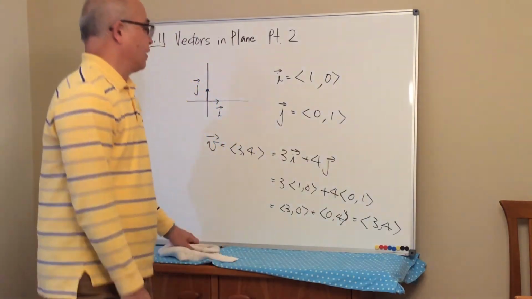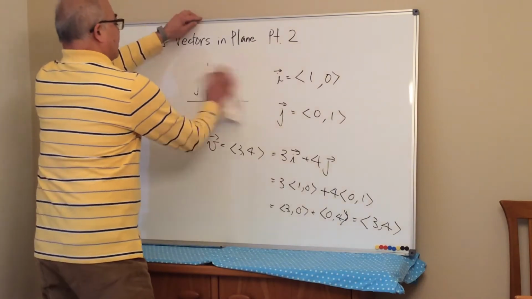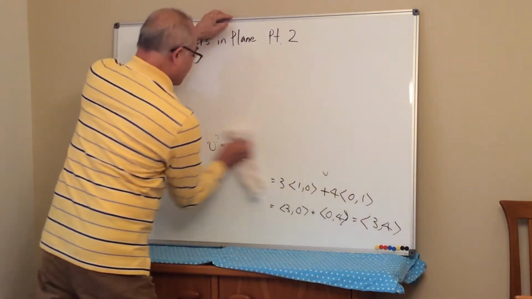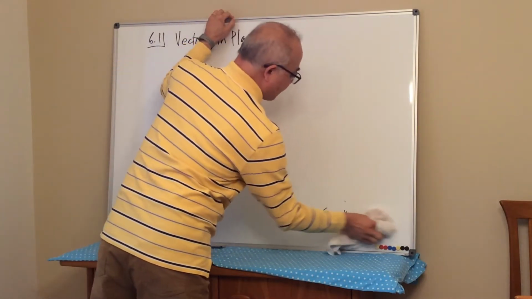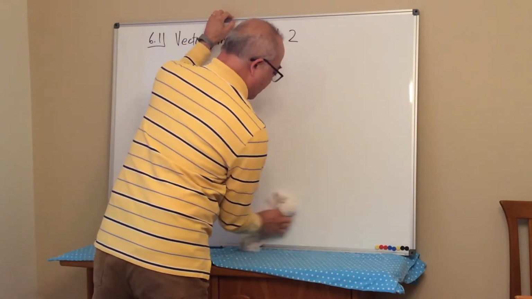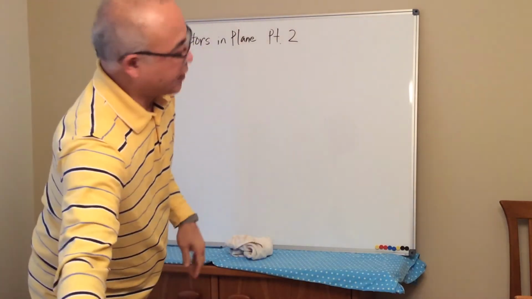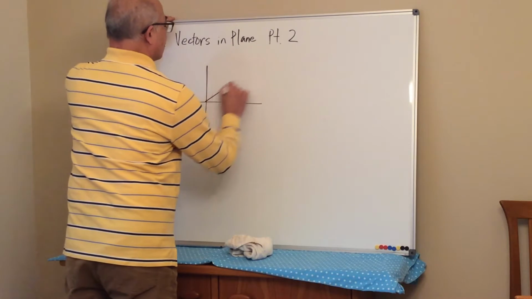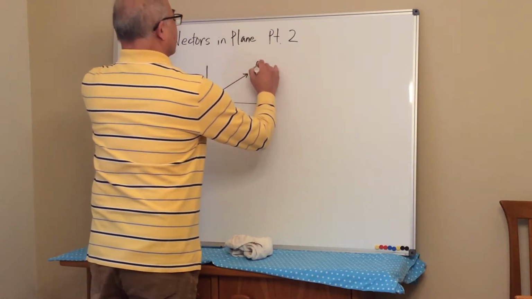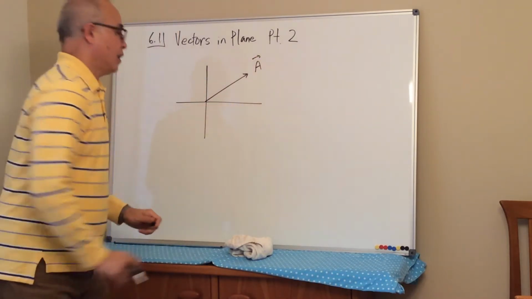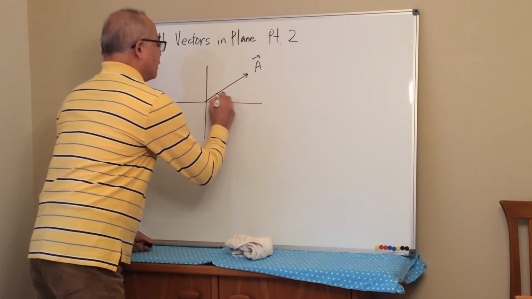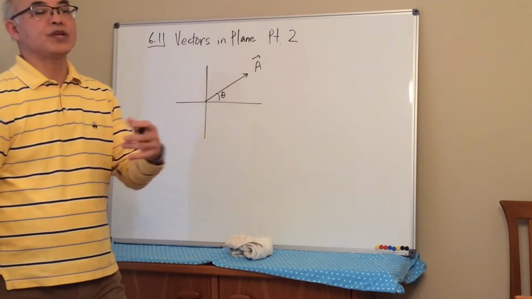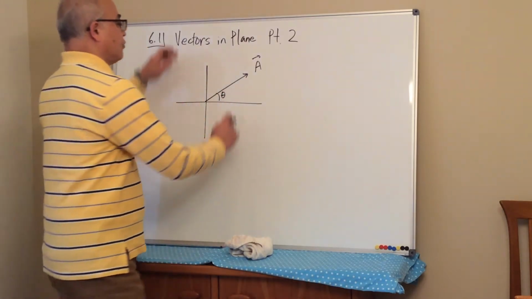Okay. So today we're going to go ahead and talk about direction angles. If I had a vector that looked like this, we would call this vector A. If I knew the theta there, I could now decompose or resolve this vector into 2 separate vectors.